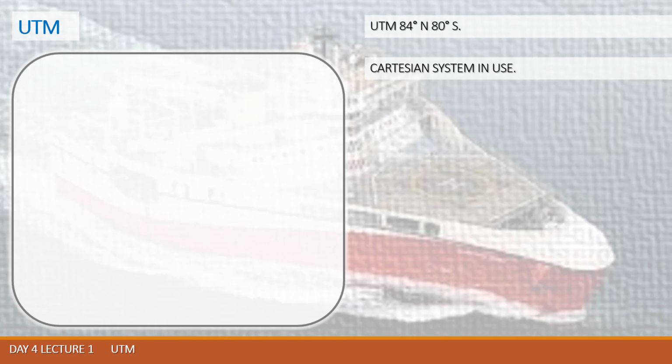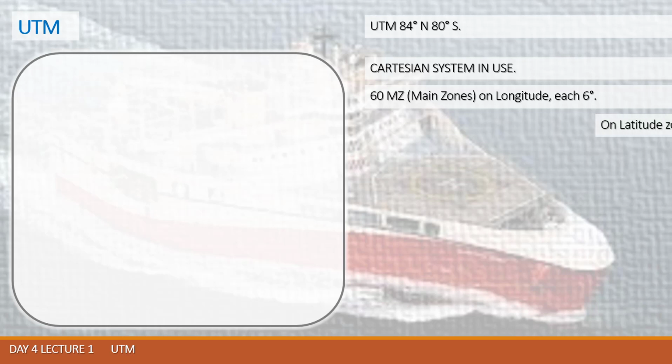This projection has 60 main zones on longitude, dividing the Earth with a step of 6 degrees. So 6 times 60 gives us the sphere as 360 degrees. On latitude, zones are coded in letters from south to north, each 8 degrees.